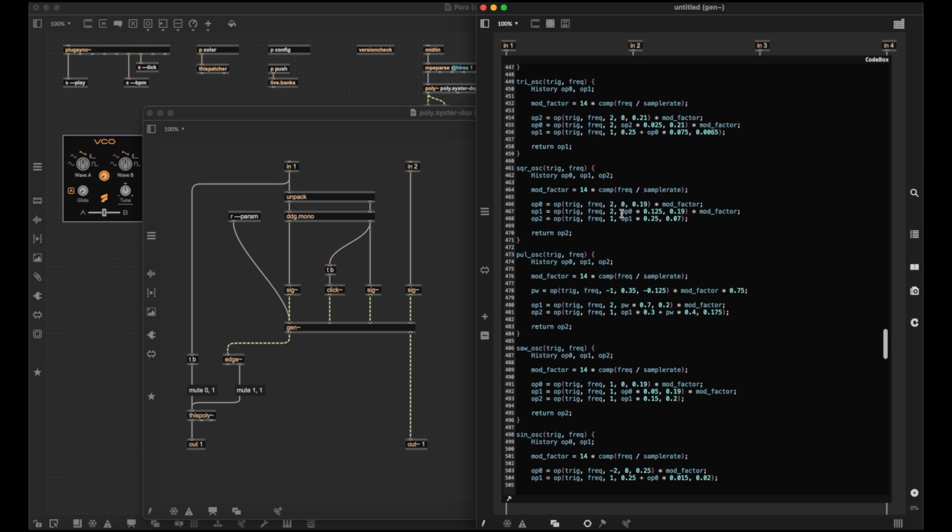The phase modulation index is operator 0 times 0.125, and then a bit of feedback, and then this operator, it's at a multiple of 1, and then in the phase modulation, it's taking the signal from operator 1, then return op2. So here's the output carrier oscillator, and it's just a phase modulated square wave.